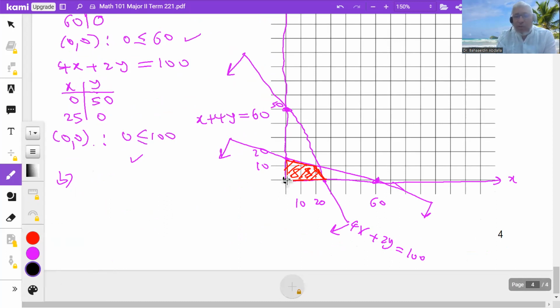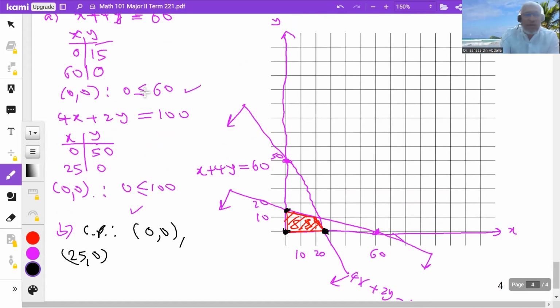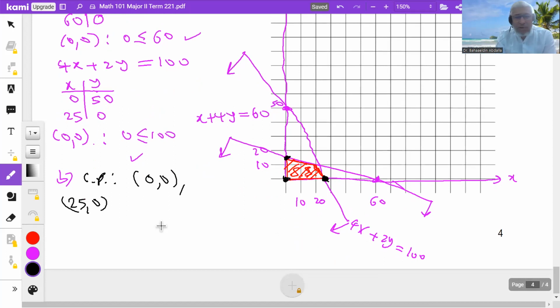The first corner point is (0, 0). And you can also read this point easily because this number was 25, if you remember. So (25, 0) is the second corner point. This point is also given because in the graph it was (0, 15), okay? So I know that the third corner point is (0, 15).